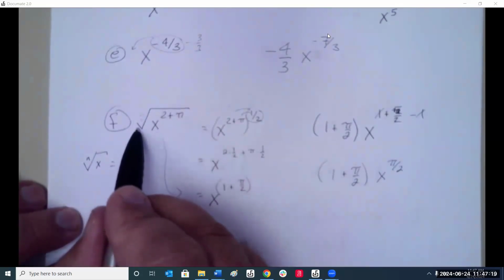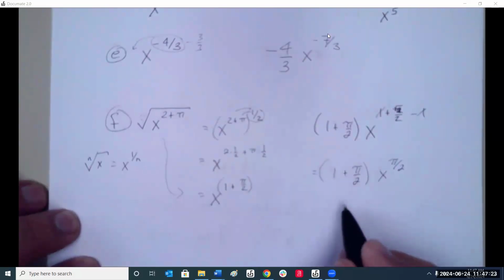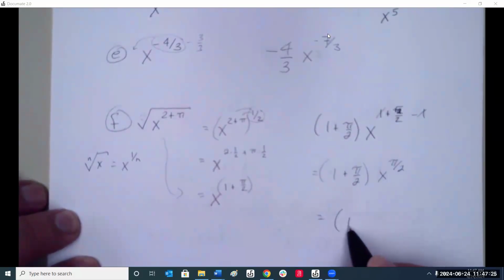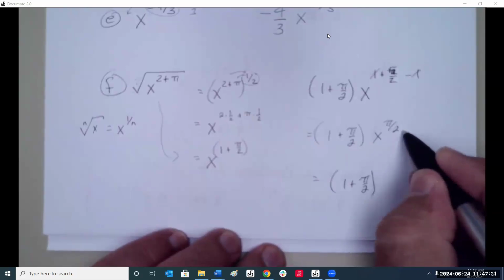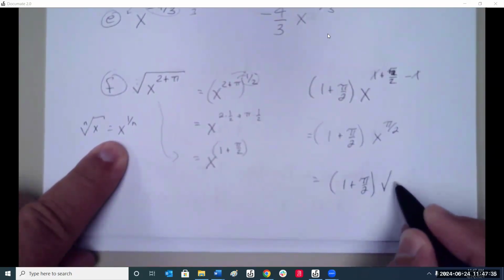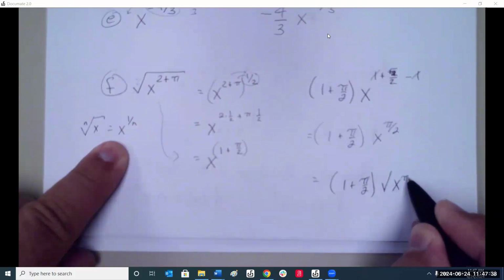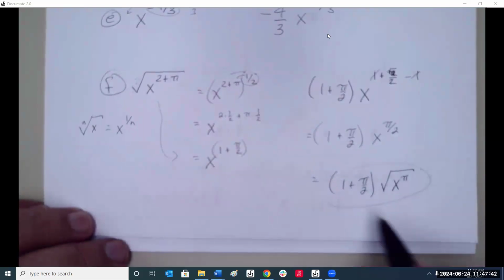Remember, since we started off with radicals, we have to end with radicals. Because of this rule here, since the two's on the bottom, that's a square root of x to the pi power. That's your answer.